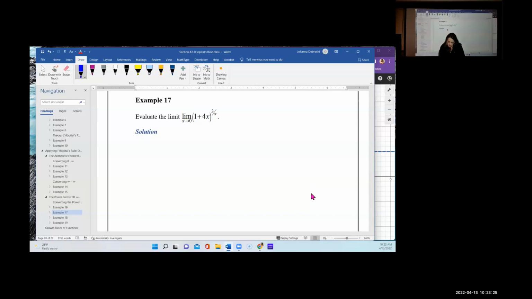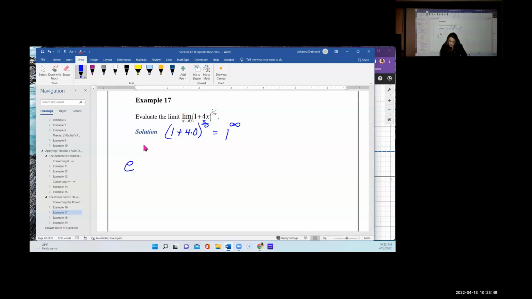So I'm going to plug it in, and I get 1 plus 4 times 0, all raised to the 3 divided by 0 power. That's going to give me 1 raised to the infinite power, which is one of the 3 power indeterminate forms.